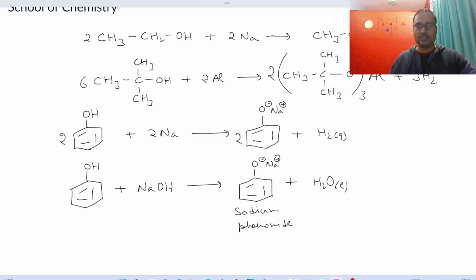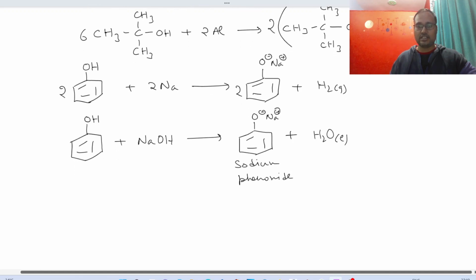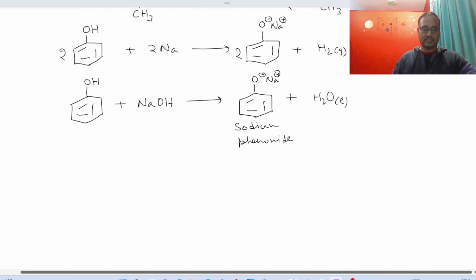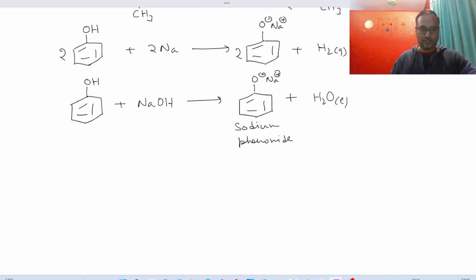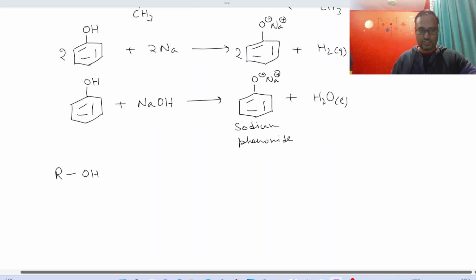Let us compare the three types of alcohol, that is primary, secondary and tertiary alcohol, in their acidic strength. So we have ROH as the 1 degree alcohol.